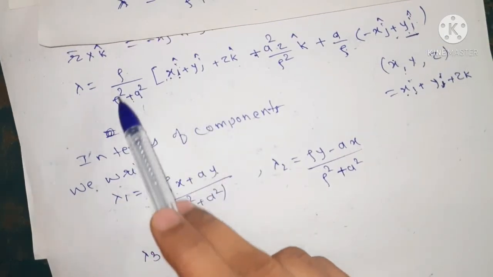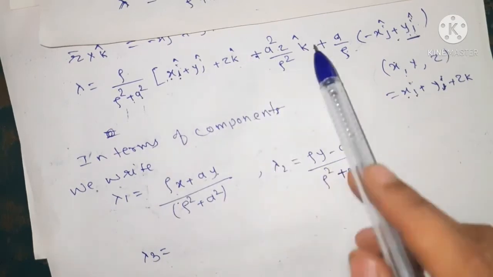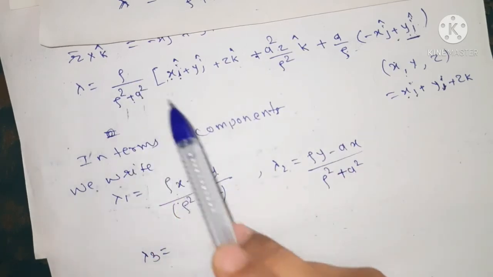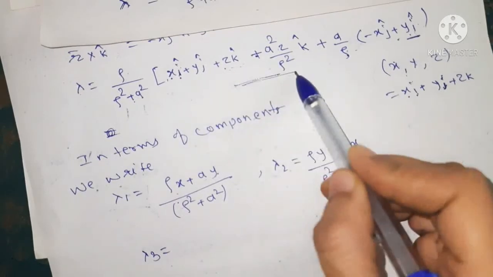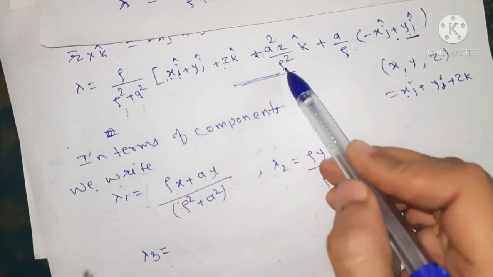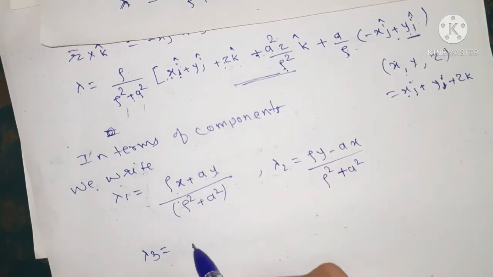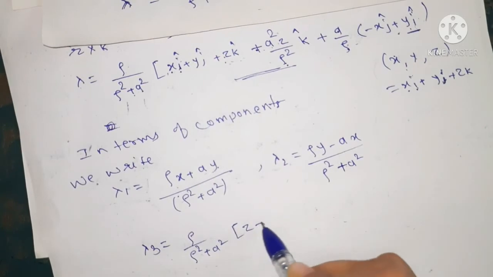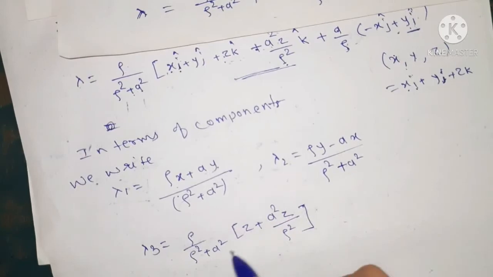That is the component of rho square plus a square into z k cap, and here it is again a k cap. So rho upon rho square plus a square into z in a bracket, this is our kth component, so we write z plus a square z upon rho square. So we have lambda 3 will be rho upon rho square plus a square, and in a bracket we have z plus a square z upon rho square. Okay, this is in a bracket.